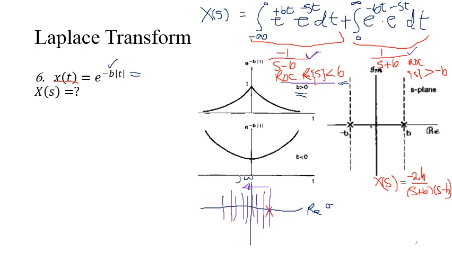Now for the second part, we can write it like this. Here the region of convergence is real of s greater than minus b. So for example, that's your minus b, and the region of convergence is greater than this minus b point. We have one more pole here.